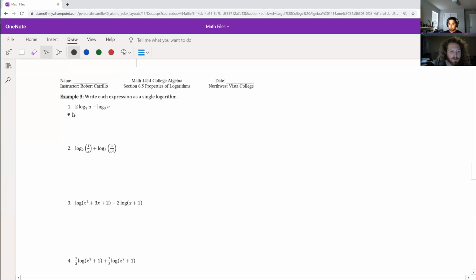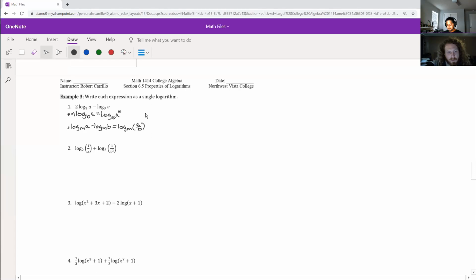So what I'm noticing here is I'm going to have n log base b of a is equal to log base b of a raised to the n power. And then I also have log base m of a minus log base m of b will equal log base m of a divided by b.